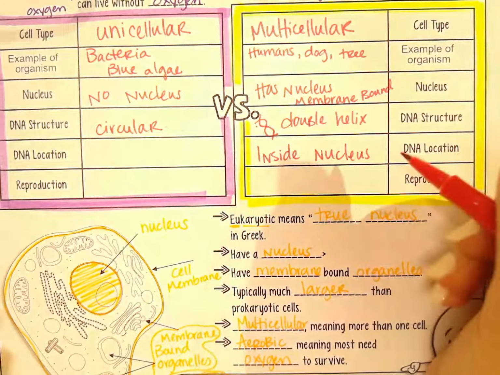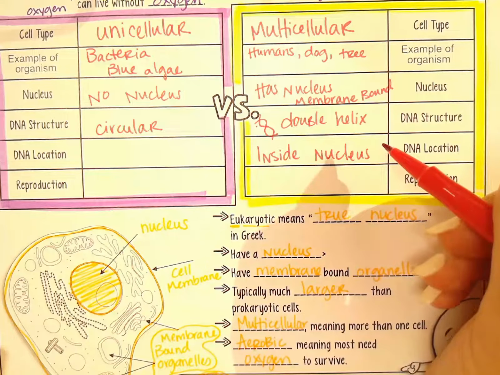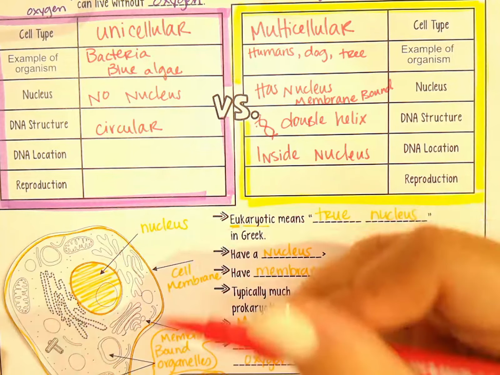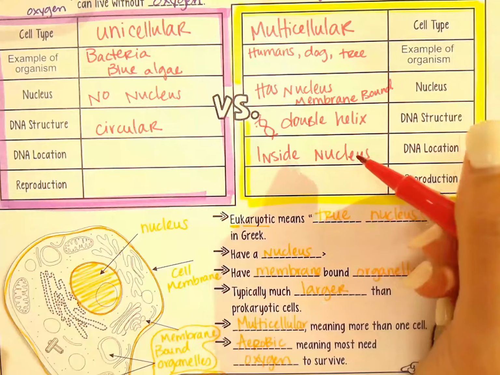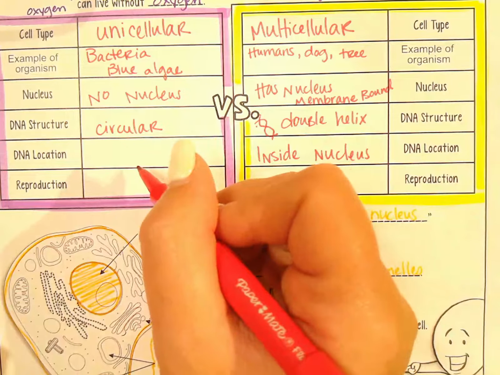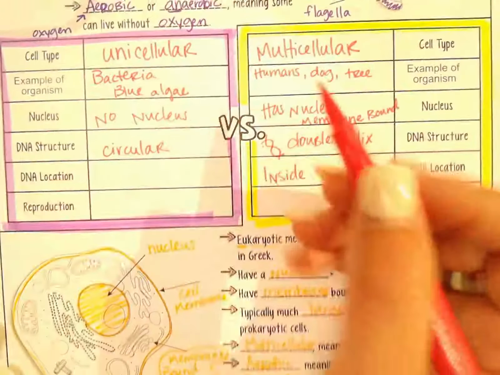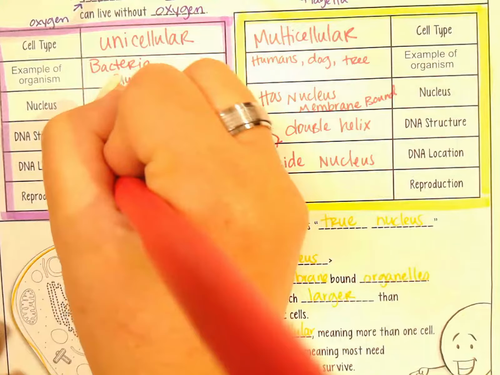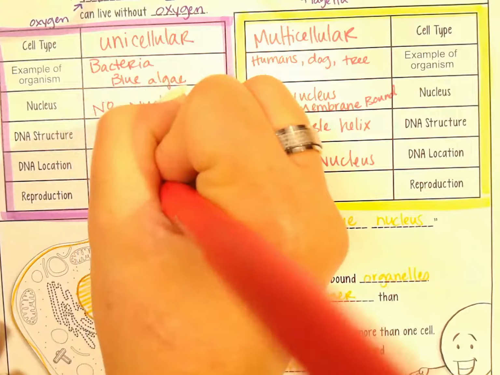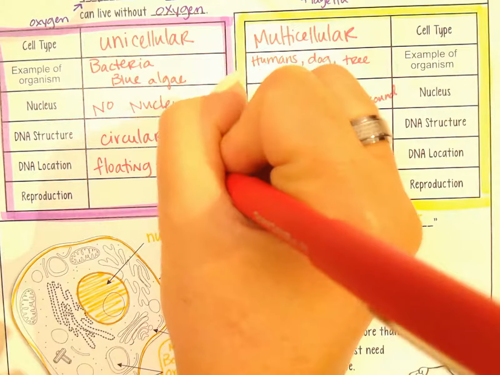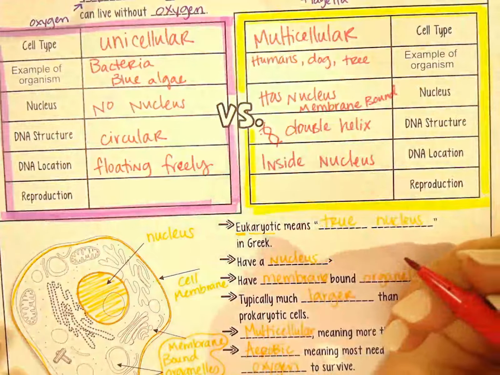Right? That's what makes the nucleus so special, is that it holds the DNA and it gives instructions to the other organelles in the cell. Now the DNA location in our prokaryotic cells, remember, is just kind of floating around. So it's just floating freely. Okay? In the cytoplasm.